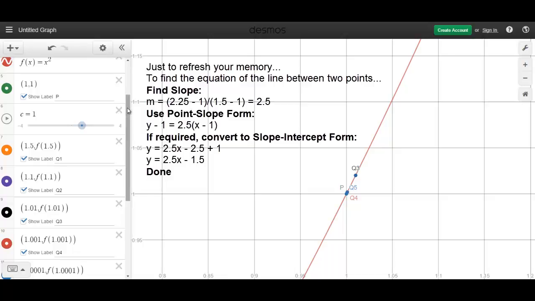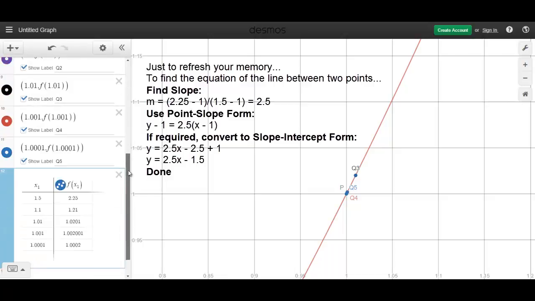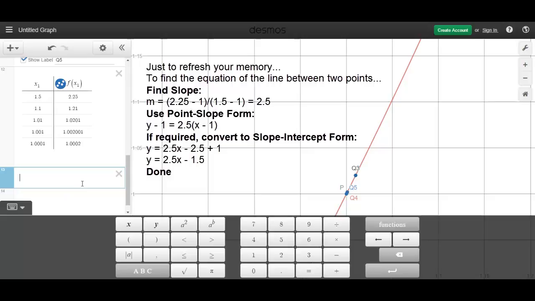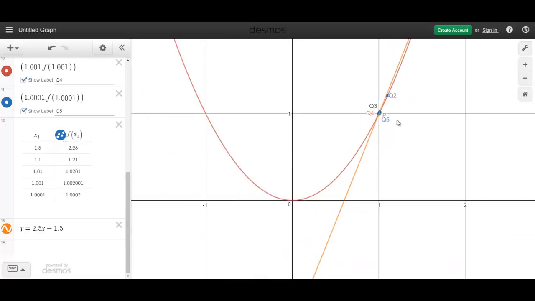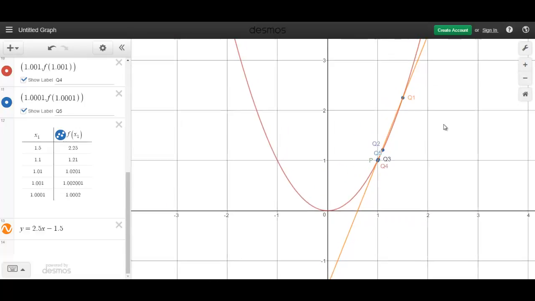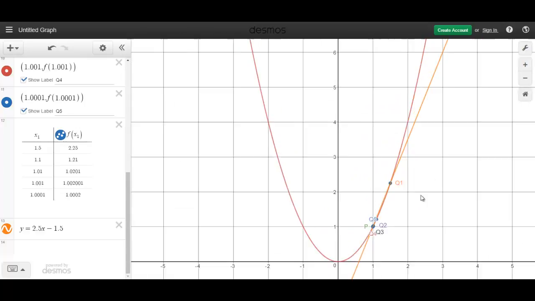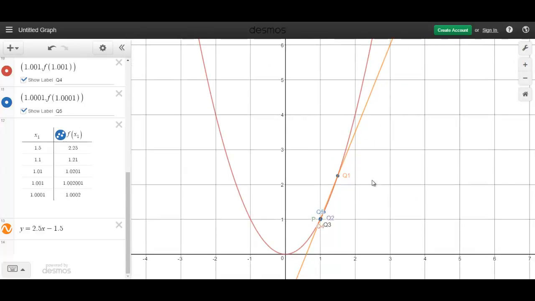I get the equation of that secant line: y equals 2.5x minus 1.5. So there is my first secant line. See, it's passing through Q1 way up there. And that would be a not so great approximation of my tangent line. But it's a start.